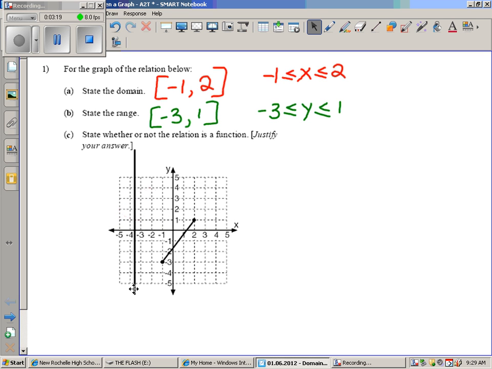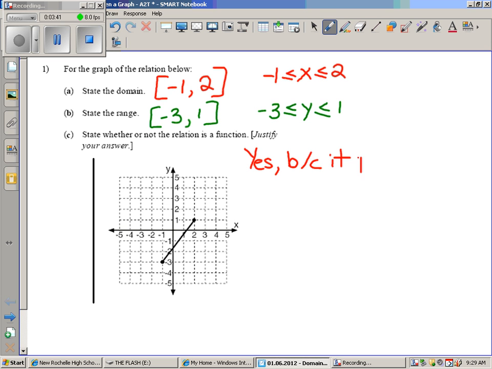A straight line is always a function. It depends, a parabola tipped sideways. Let's not examine all the things. Just get it down that we're sweeping our hand through. You see it? Hits once. This is a function. And we're going to say yes because it passes the vertical line test.